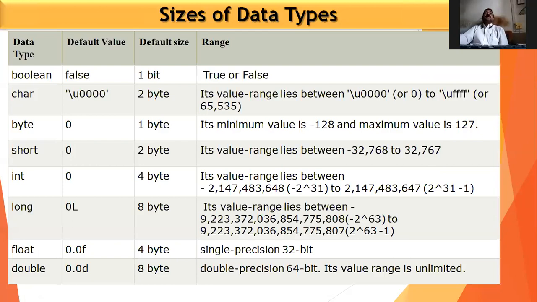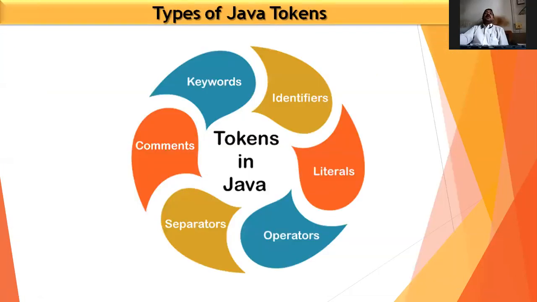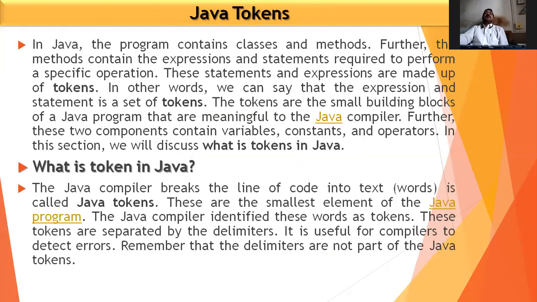Let us revise all these things, starting from Java tokens. What are Java tokens? Java tokens can contain separators, keywords, comments, identifiers, and all these are called tokens.